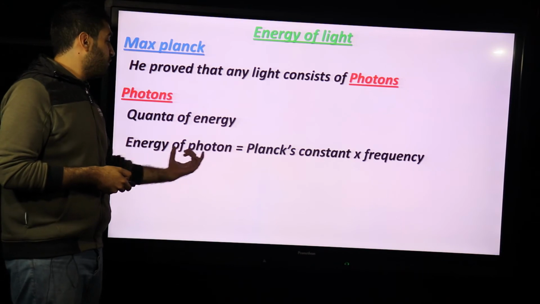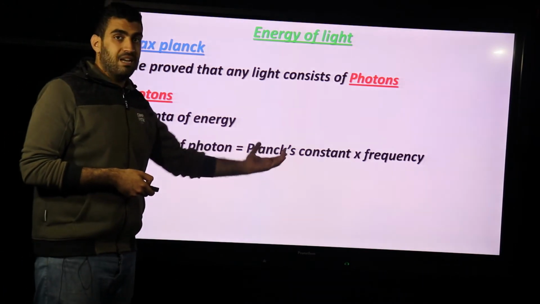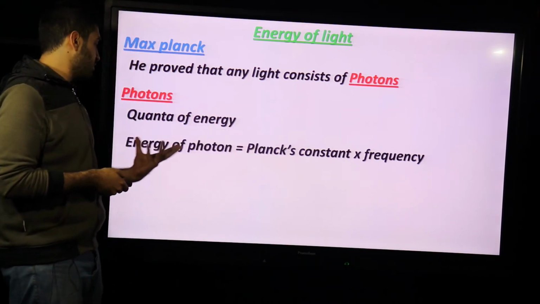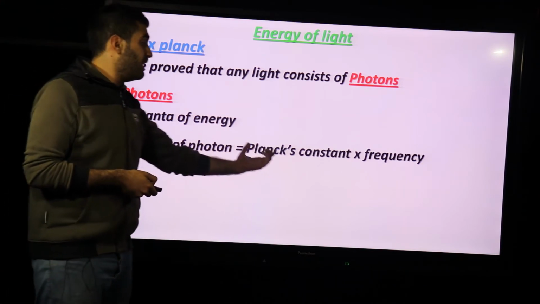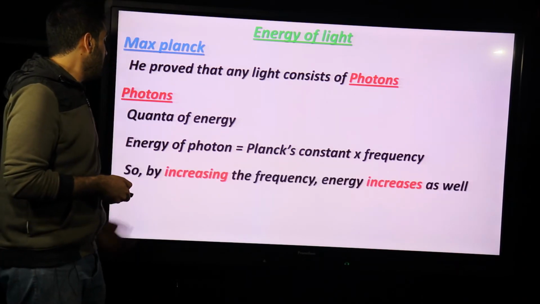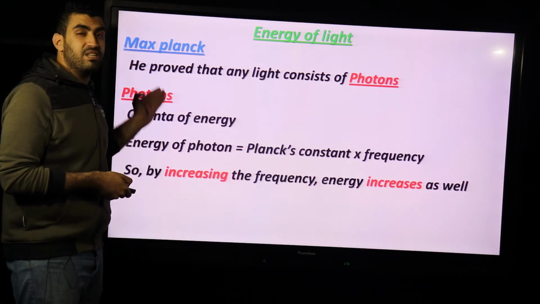To measure the energy of a photon, Max Planck said that we have to use Planck's constant, a specific number, times the frequency of the light. So to measure, for example, the energy of a red photon, we make Planck's constant times the frequency of the red photon. By increasing the frequency, the energy of the photon increases as well.